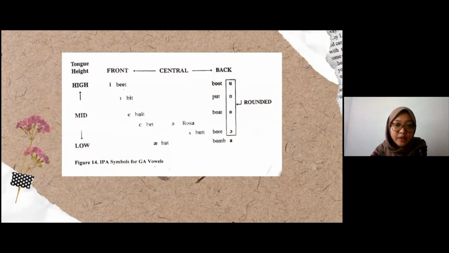The word but using the central to back area of the tongue and is almost pronounced in low. And the last are the words boot, put, boat, bore, and bump, pronounced rounded in the back area of the tongue, and the height of the tongue is high to low in a row.